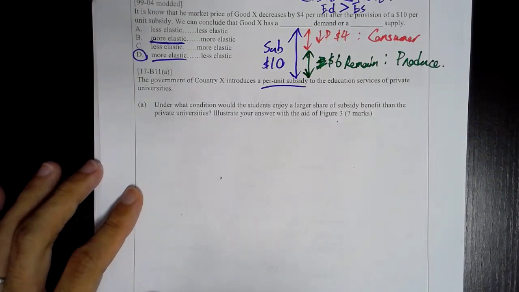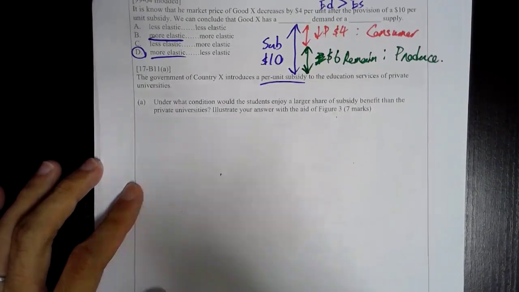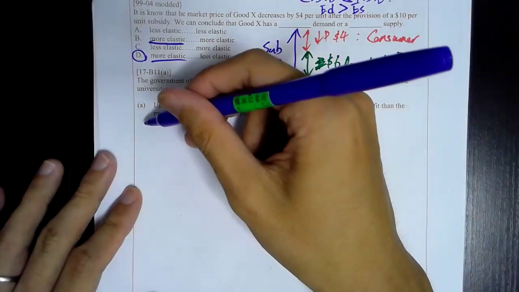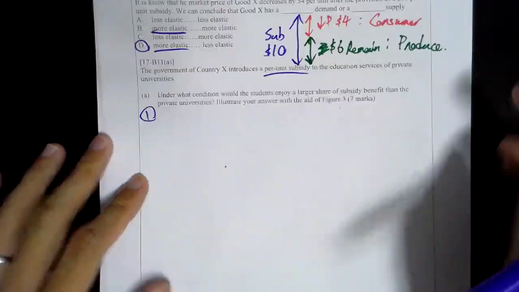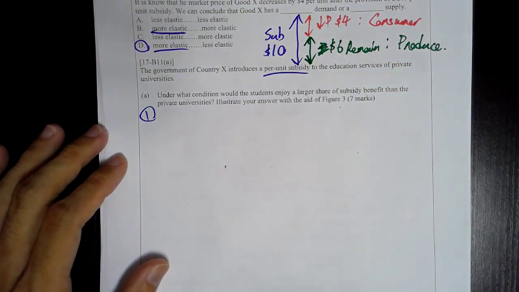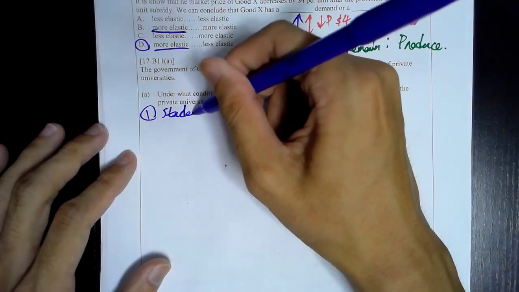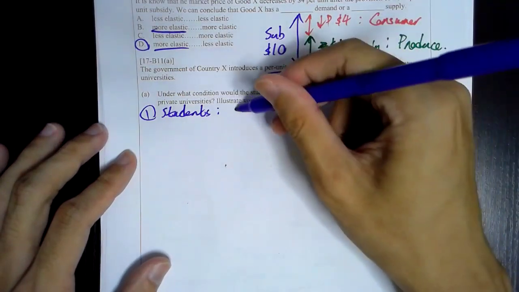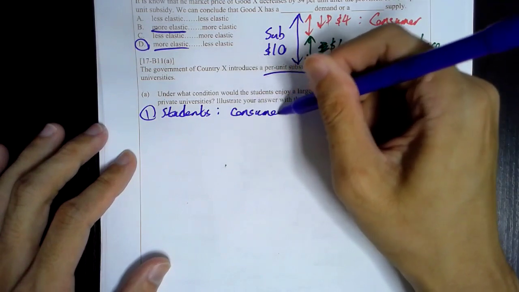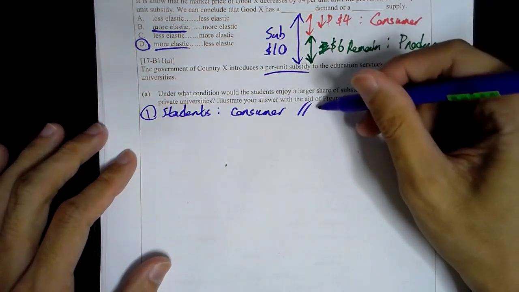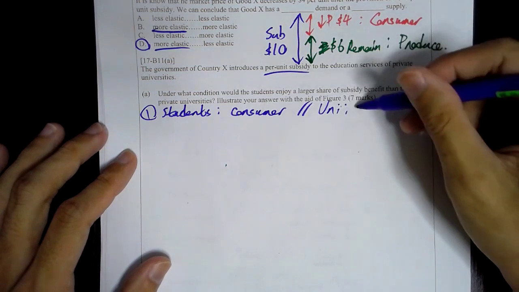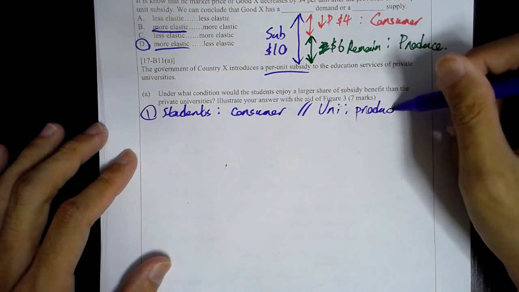Let's think clearly first. First of all, let's identify their roles. This doesn't need to be written in the answer, but we need to identify the roles first. For the students, who would they be? They will be the consumer, of course, while the university would be what we call the producer.